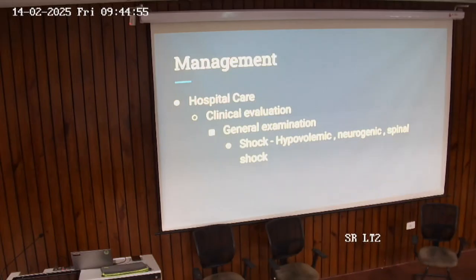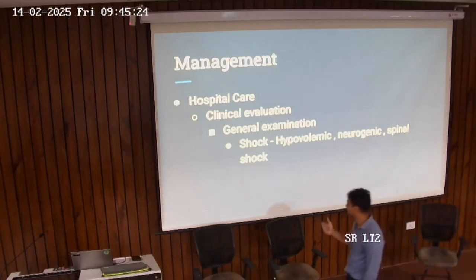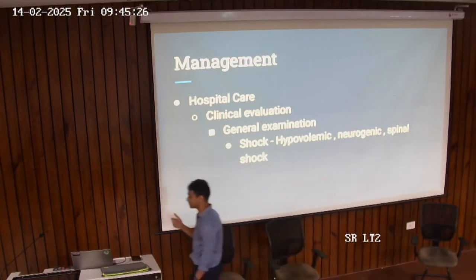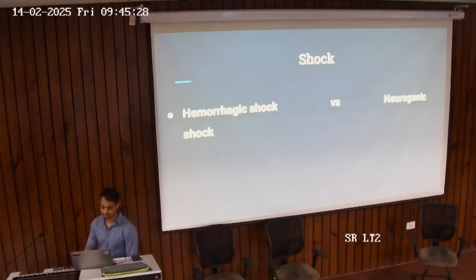Neurogenic shock, what is in the name? So damage to nervous system. Spinal shock means damage to spinal cord. Now, how do you differentiate hypovolemic shock and neurogenic shock, which is important?